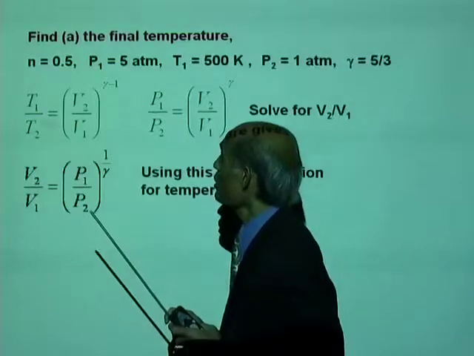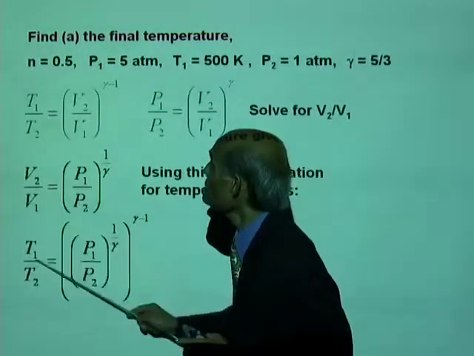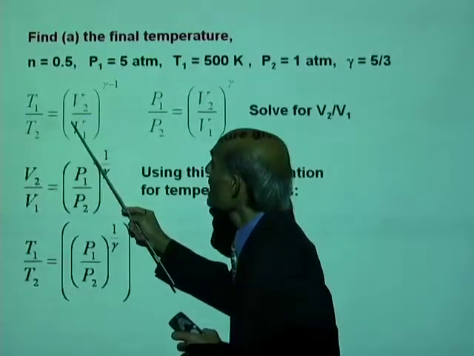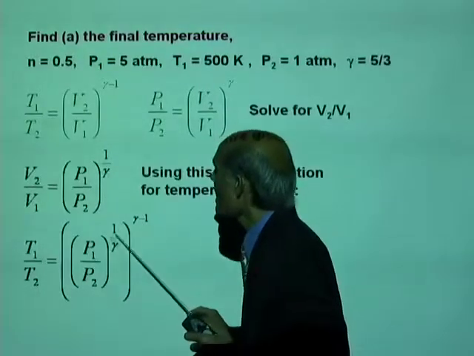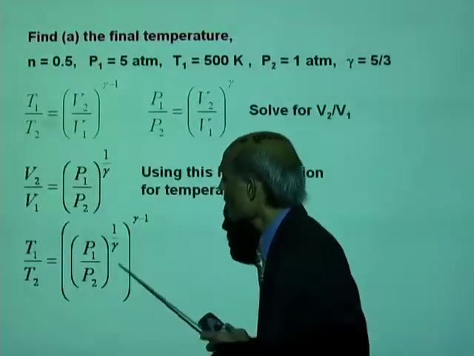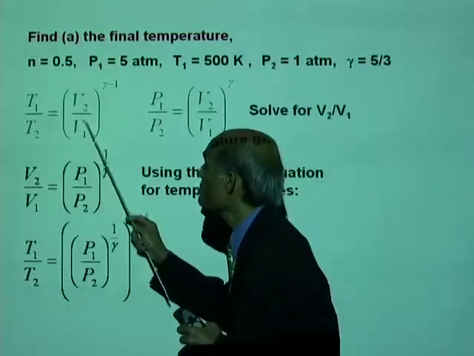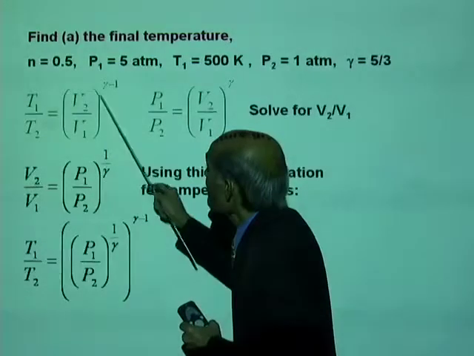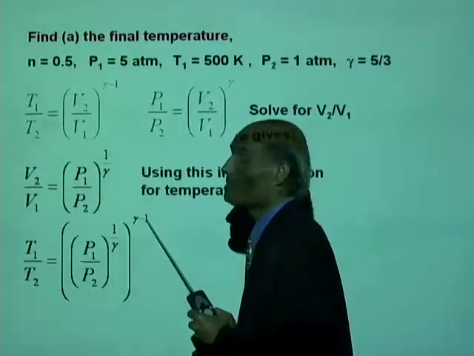Alright? So, replacing this in the first equation gives me T1 over T2 equal to V2 over V1, which now becomes P1 over P2 raised to the power of 1 over gamma. This quantity is sitting in place of V2 over V1, and that is now raised to the power of gamma minus 1.